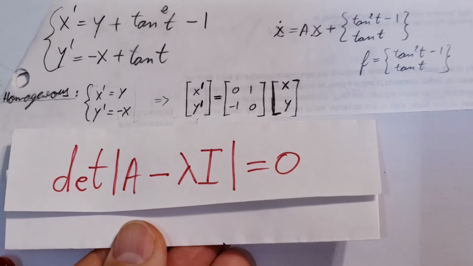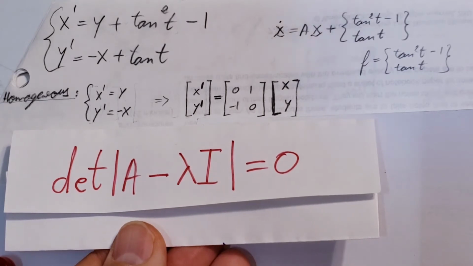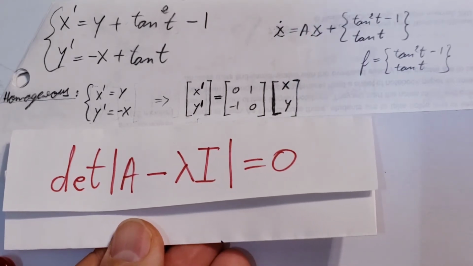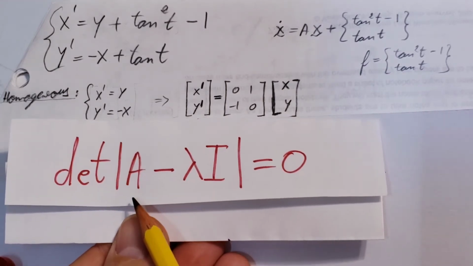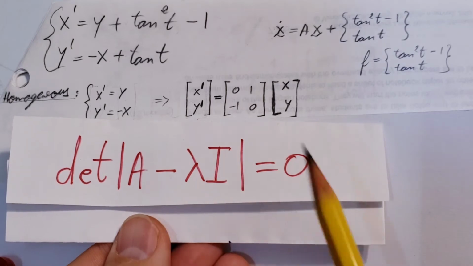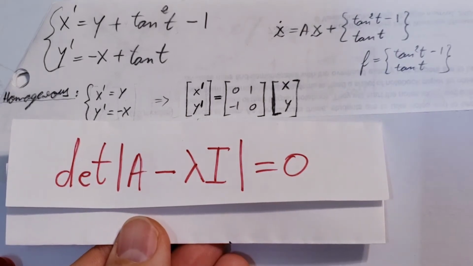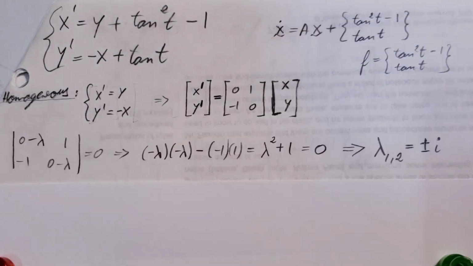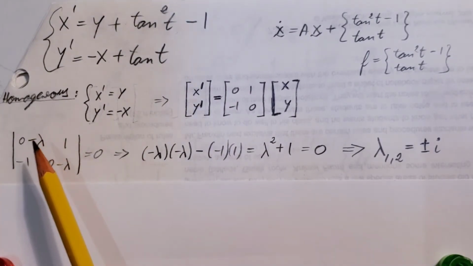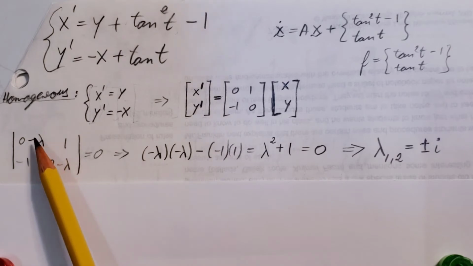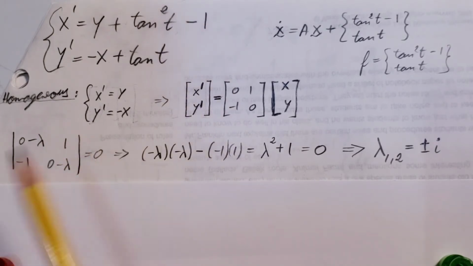I'm gonna use eigenvalue analysis. Therefore, to find our eigenvalues, we're gonna have to find the determinant of matrix A minus lambda times the identity matrix equals 0. That's what we can see here. Our matrix A subtracted the lambda on the diagonal equals 0.